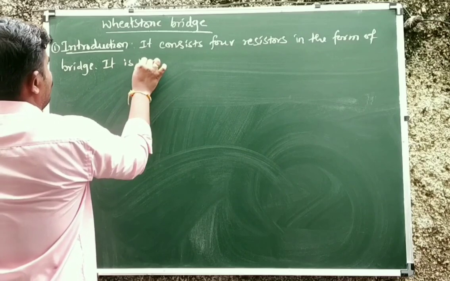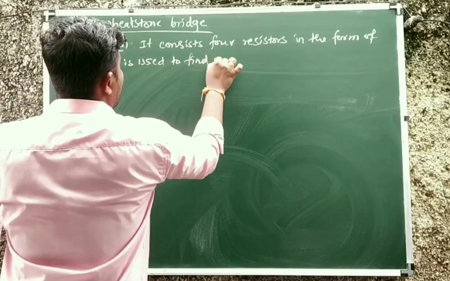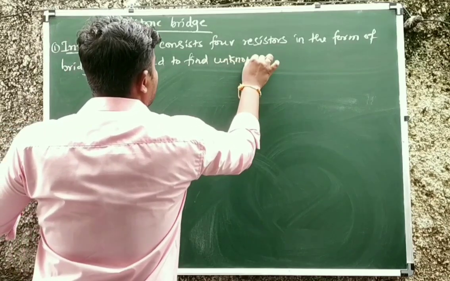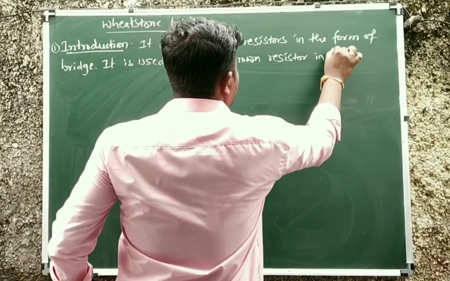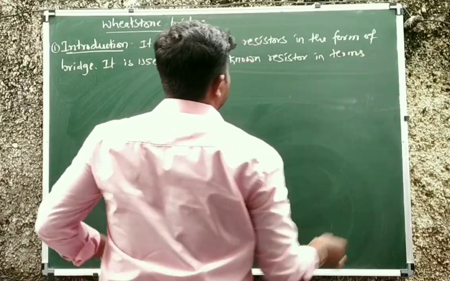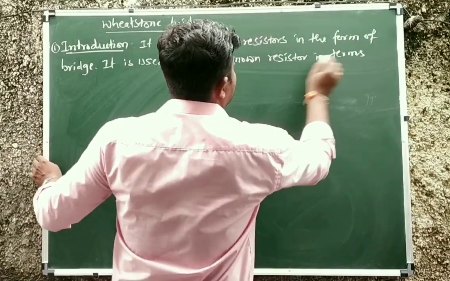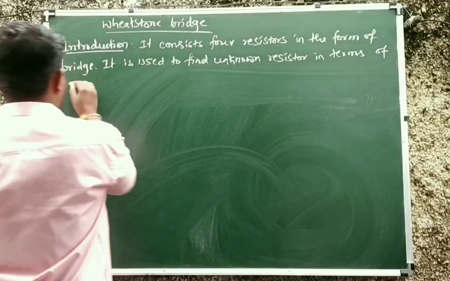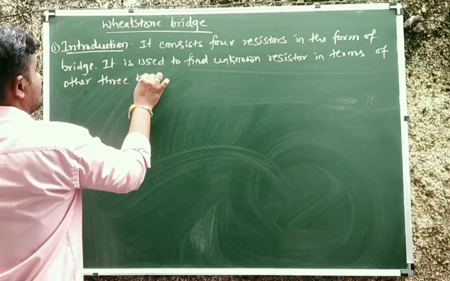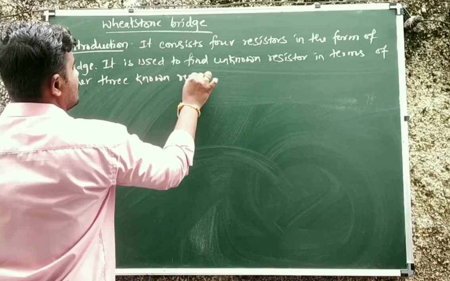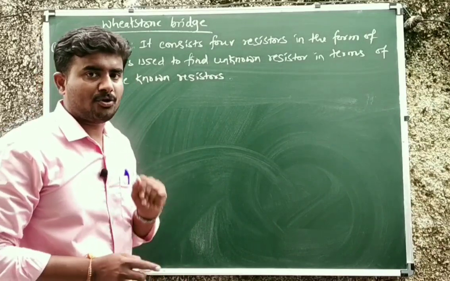It is used to find an unknown resistor in terms of the other 3 known resistors. 4 resistors will be there, of which one is a variable resistor and one is an unknown resistor.